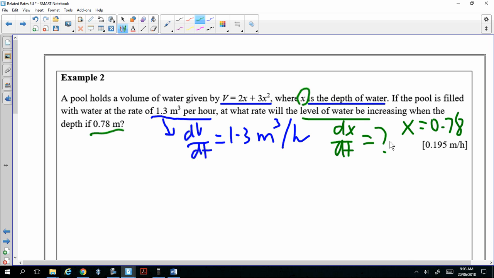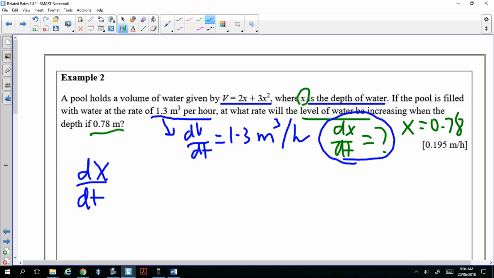Write all of these down, and then we're going to use it to find dx/dt. So we're going to write this down first. Because we're finding dx/dt, we can write dx/dt equal like that.